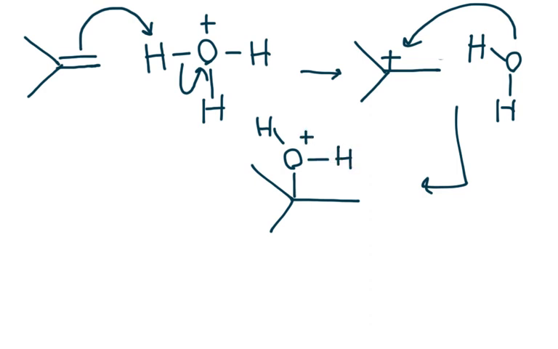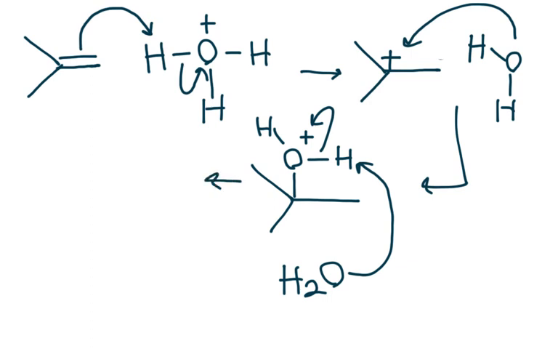Now all we have to do is regenerate our acid catalyst by grabbing this proton, and we have our product. And our regenerated catalyst. So that's hydration, exact reverse of dehydration. So hopefully if you remember one, you can kind of cook up the other from that, and you don't have to memorize two things.